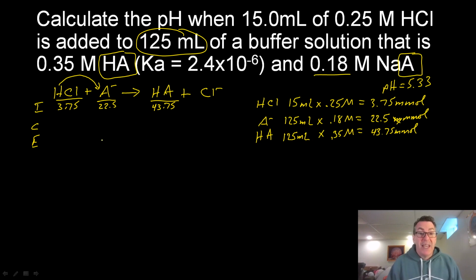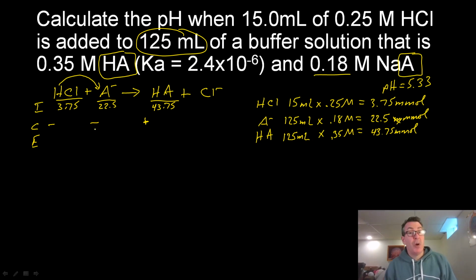Now for the change. The reactants always decrease. Assuming you've set the equation up correctly, your reactants should decrease and your product should increase. Don't forget that part. A lot of students have it decrease across the board and they get the wrong answer. The product is increasing as the reactants are decreasing.